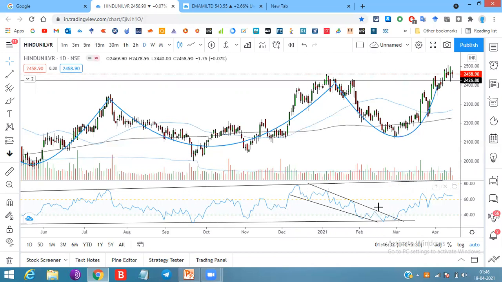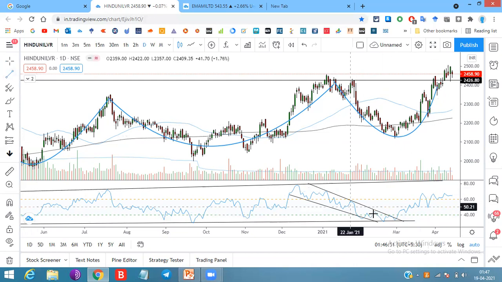Okay, although there was a range shift, it didn't break this particular channel 2. And we can see here that there was a short term lower low structure. RSI then made an ascending channel.